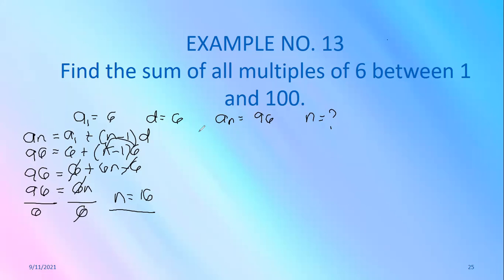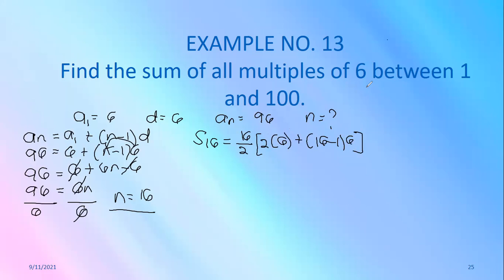So let's determine the sum of those 16 numbers. Okay, so ang gagamitin natin, yun pa rin. So 16 over 2 multiplied by 2 multiplied by 6 plus 16 minus 1 then multiplied by 6.